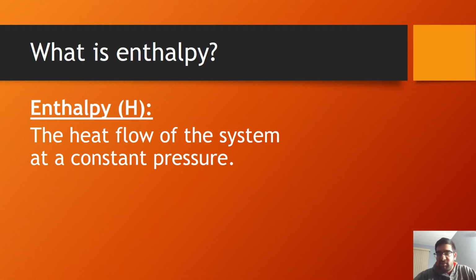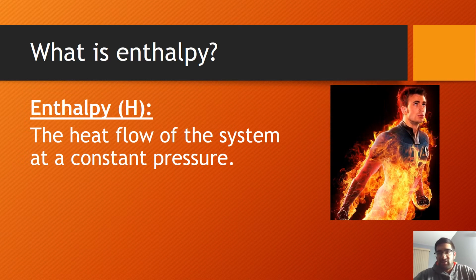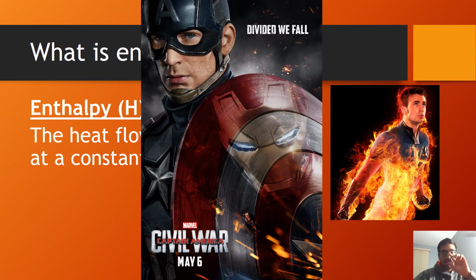Now when I think about heat flow, and being the nerd that I am, I usually think of Fantastic Four's Human Torch. Now you may not know this, but Chris Pratt played Human Torch in Fantastic Four back in the day, before he was great in Captain America, and there's a new movie coming out soon, which I'm excited for.